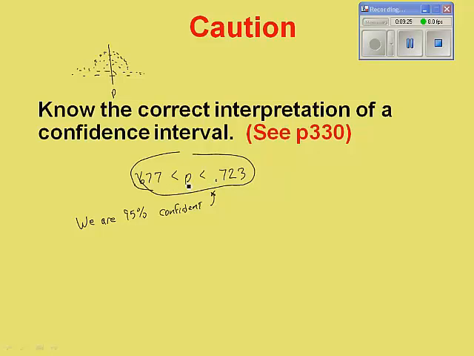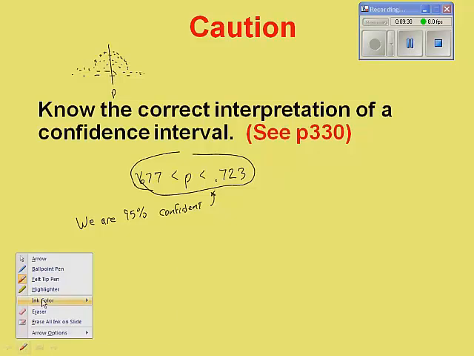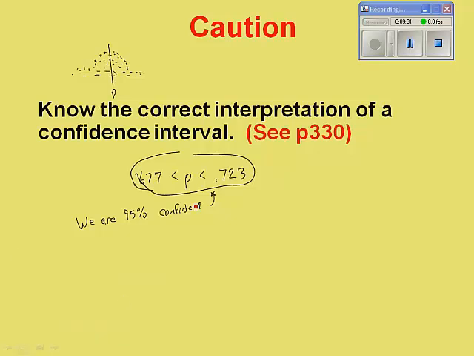And how do you do it? Let me show you kind of a rough scheme before we actually do the problem. If I want to be 95% confident, what I do is I think about the bell curve, which is going to be what this approaches.